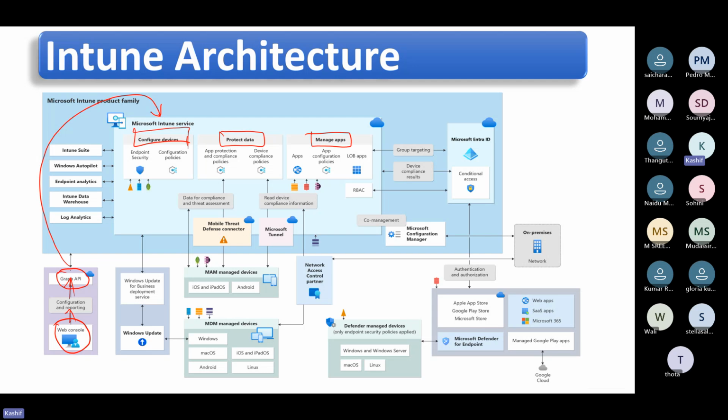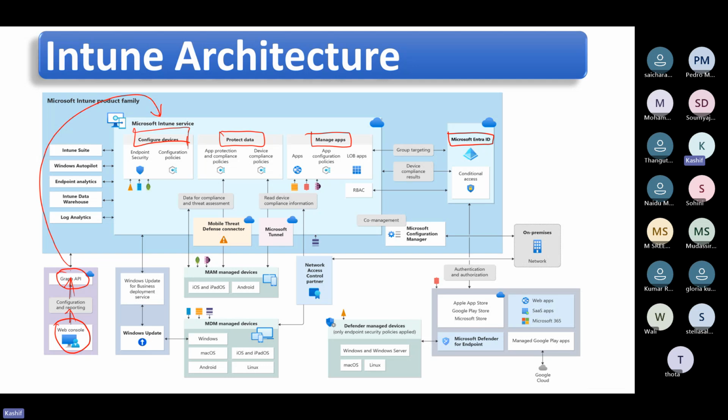So Graph API is like a communication bridge, and Intune has various integrations with the Microsoft ecosystem. Some products are already integrated in Intune, like Microsoft Entra ID. You can get information from Microsoft Entra ID, like user information, device information, group information, domain information.